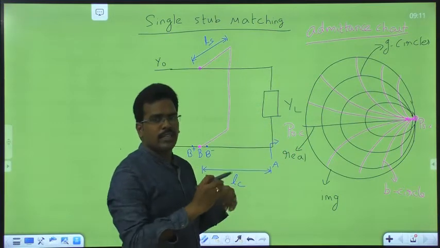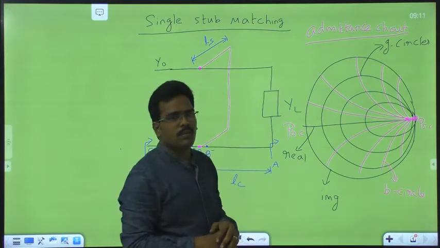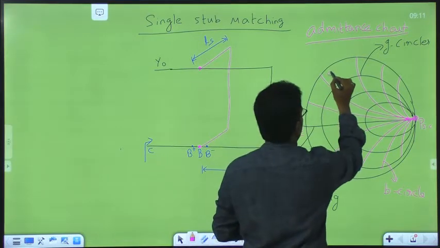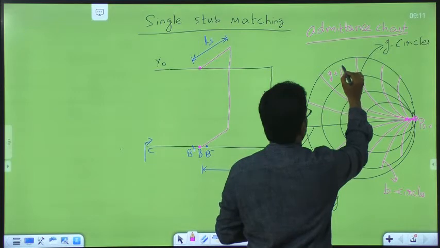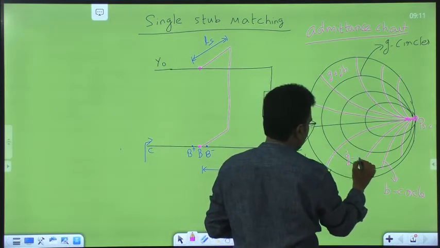In case of admittance, it is the inverse of impedance, so both get reversed. Any point here is G plus jB and any point here is G minus jB.